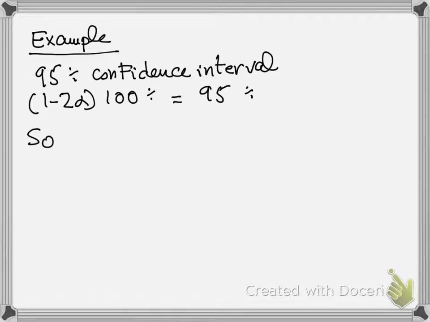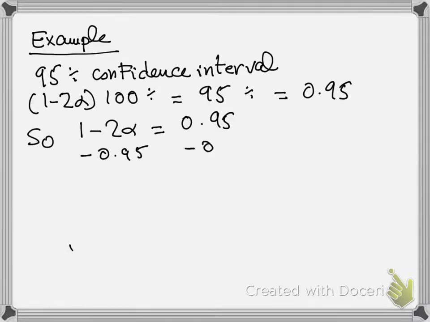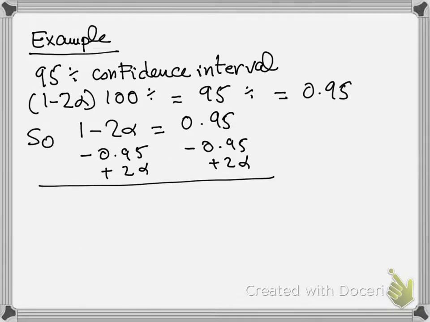So of course, 1 minus 2 alpha is 0.95. Let's subtract: 0.95 minus 0.95, and plus 2 alpha on both sides. So it means that 1 minus 0.95 is equal to 2 alpha.